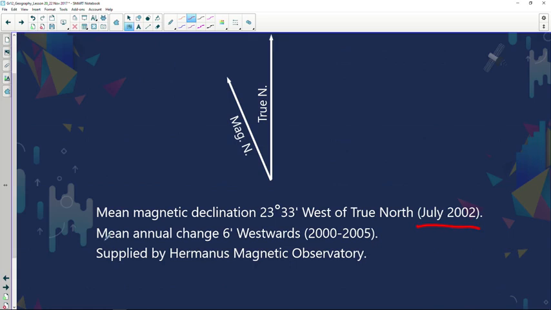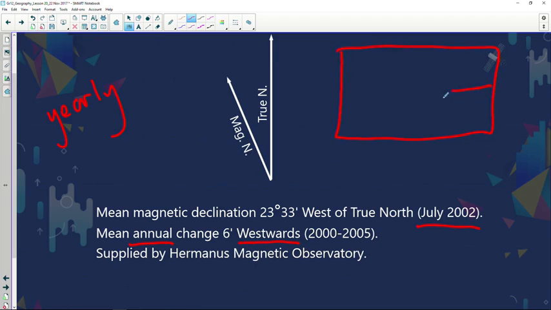The mean annual change is 6 minutes west. Now annual means yearly. And this is just the people who supplied the magnetic observatory. But very importantly, you need to pay attention over here, west. Now if you look on the timeline, you study the timeline in grade 9.